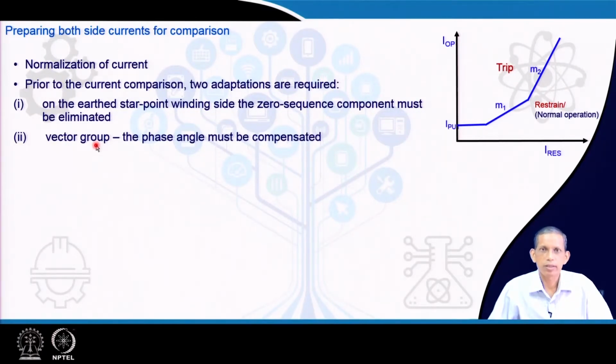So, these are the two important steps that are to be processed before the final comparison is accomplished in a differential relay principle. We will learn each step in detail.